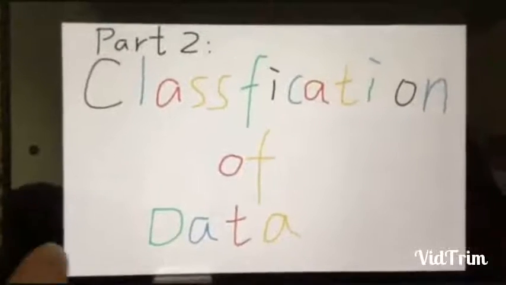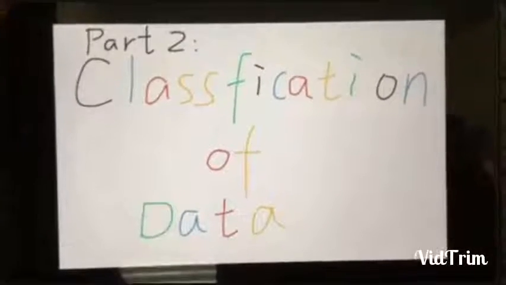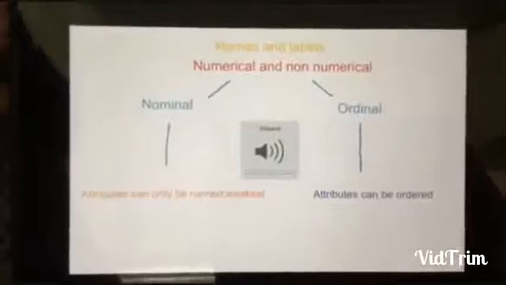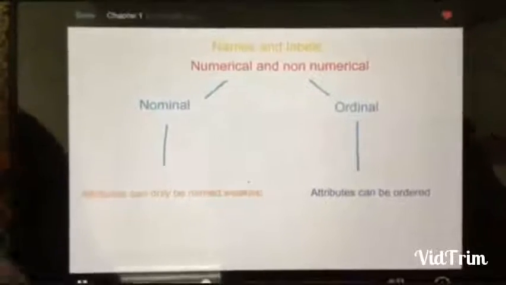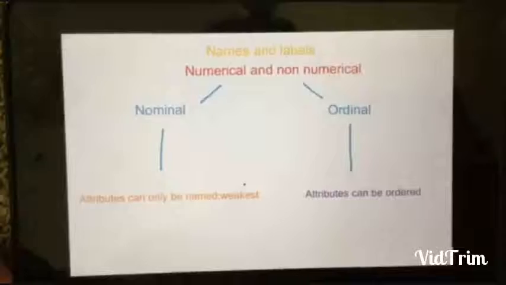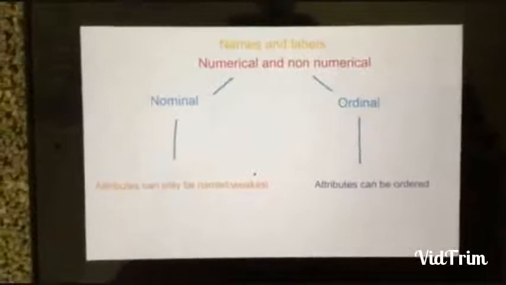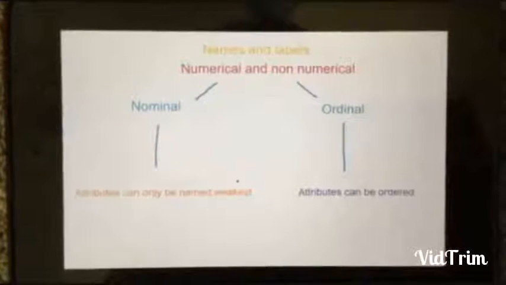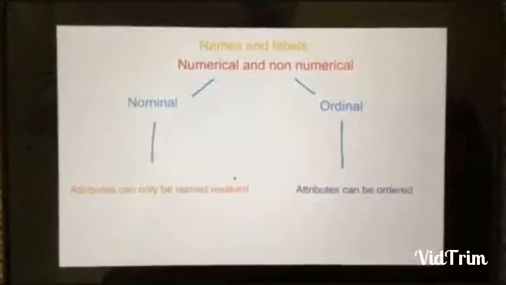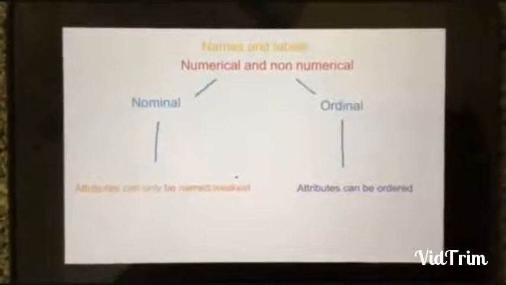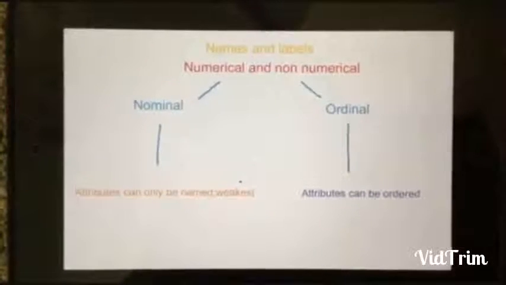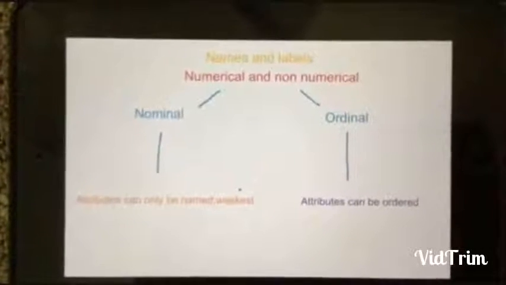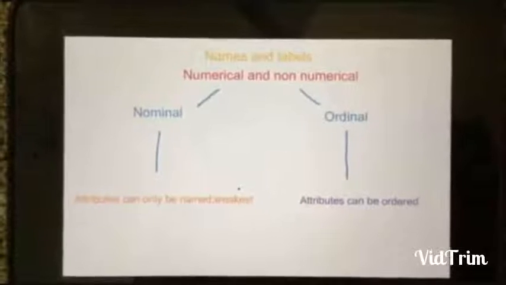Part 2 is about classification of data. Summarization and analysis about the data you collected: first thing is that you need to figure out what kind of scale of measurements collected data belong to. There are 4 types of scale: nominal, ordinal, interval, and ratio.